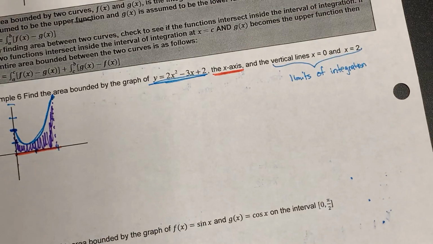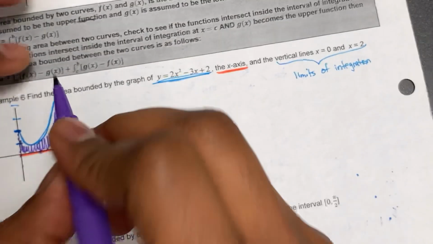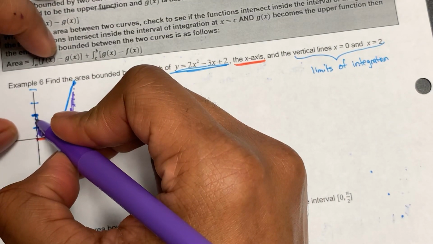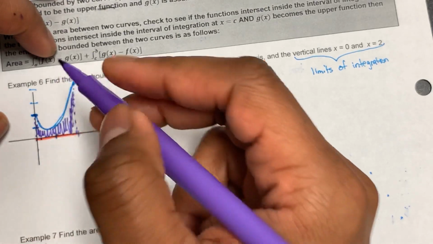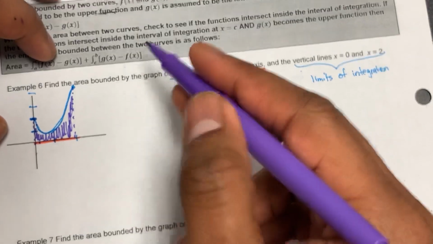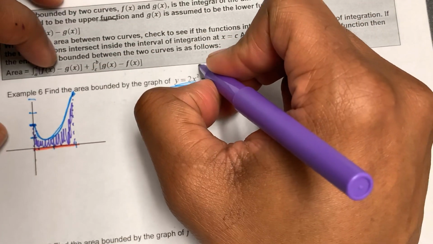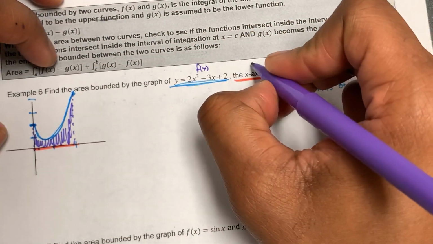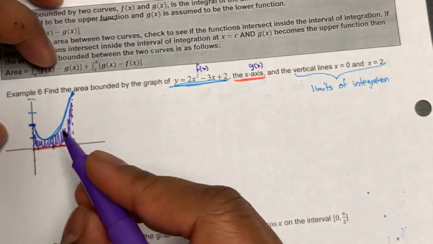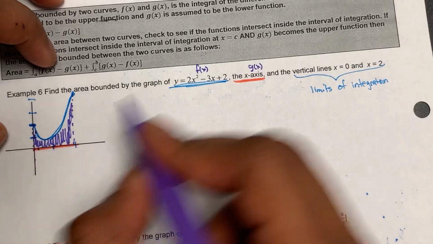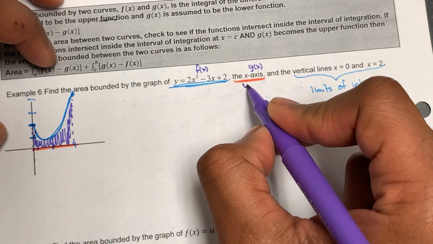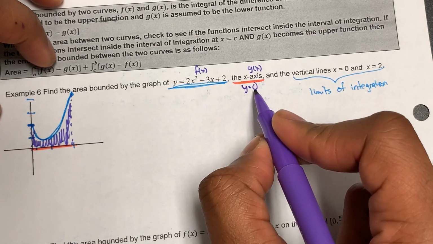So now all we're taking, the area, is the difference of this curve and this curve. If we call this function f of x and this function g of x, it's just f of x minus g of x. In this case, g is always 0.